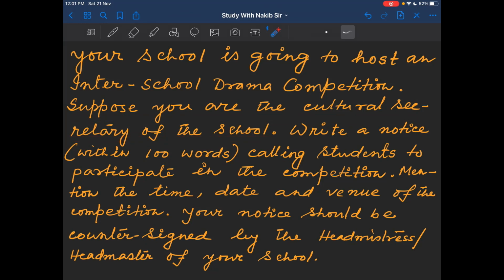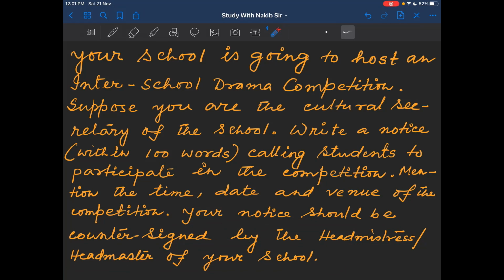So write the notice as the cultural secretary of the school, calling the students to participate in the competition for whom you are writing the notice. Mention the time, date, and venue of the competition. And your notice should be countersigned by the headmistress or headmaster of your school.